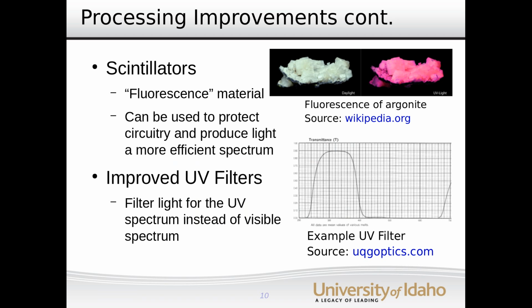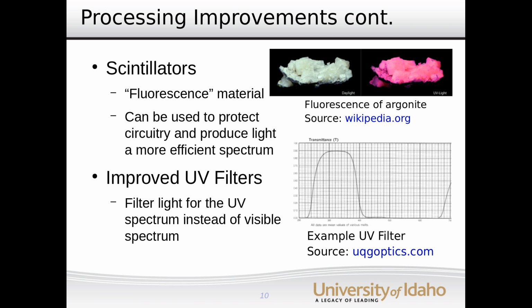Other options that you have for UV light, you have materials called scintillators. Essentially, this is fluorescence material. This is material that, when hit by UV or a high energy particle, it'll actually absorb that high energy photon and release a lower energy photon.